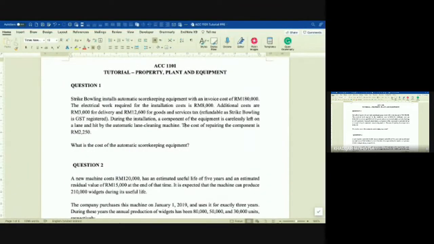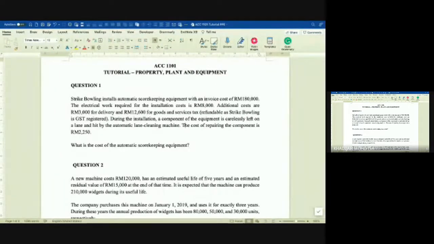Question number 1: Strike Bowling installs automatic scorekeeping equipment with an invoice cost of 180,000. The electrical work required for the installation cost is 8,000. Additional costs are 3,000 for delivery and 12,600 for GST, goods and service tax.